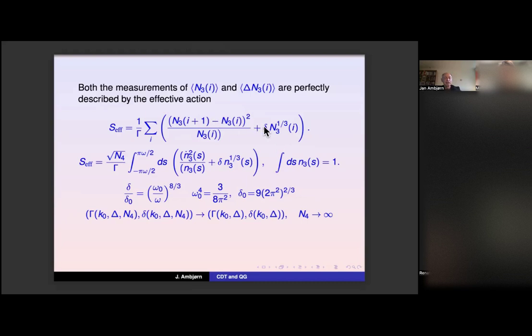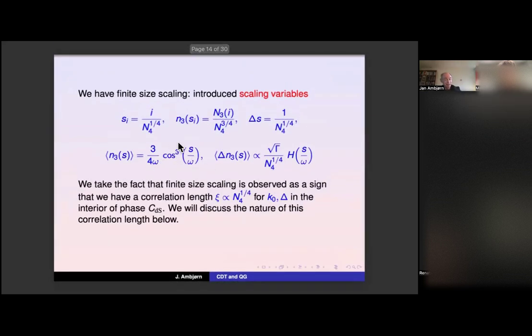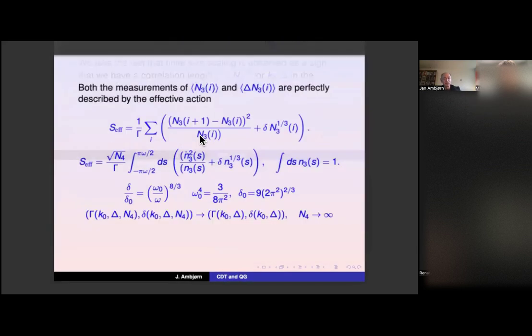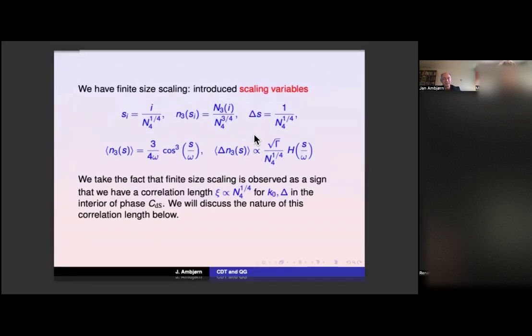But now when I put in these dimensionless variables, then the effective action simply becomes something like this. And of course, if you solve the classical equation for this action in reduced variables, you get exactly this. This is the solution to this equation under the constraint that the integral of n3 here is equal to 1.